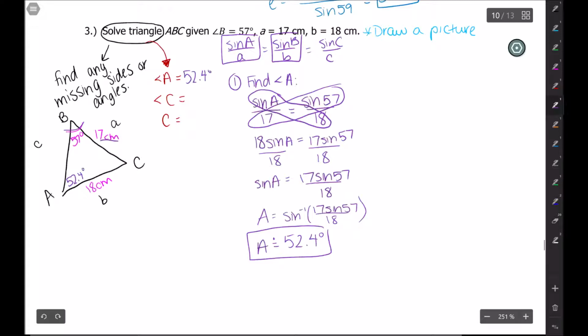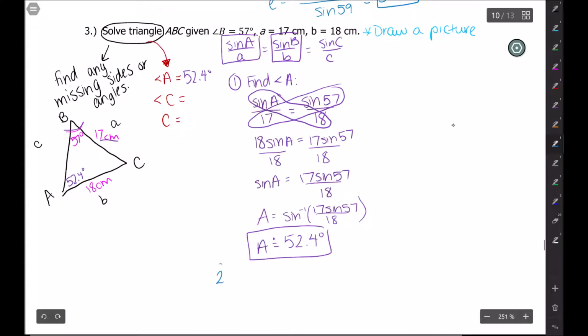Okay, so now angle C and side C are both pieces of information that are still missing. To find angle C, I have 2 out of 3 angles in a triangle, so all I have to do is add these 2 angles together and subtract from 180, and that'll tell me how big angle C is.